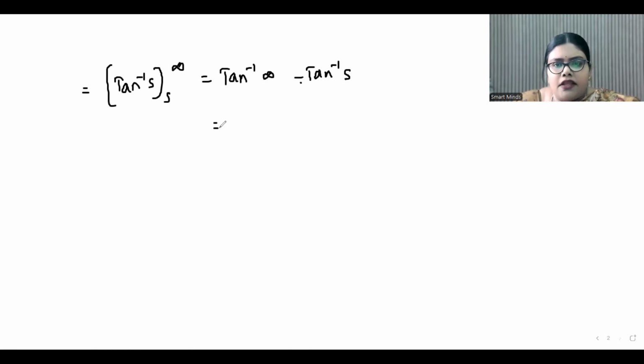So tan inverse infinity is pi by 2 because tan 90 is infinity, minus tan inverse s. Now from inverse trigonometric functions, we have a property: pi by 2 minus tan inverse of s is equal to cot inverse s.